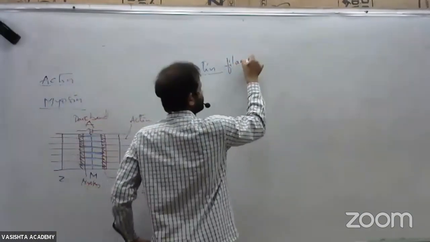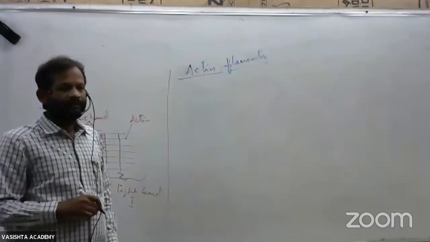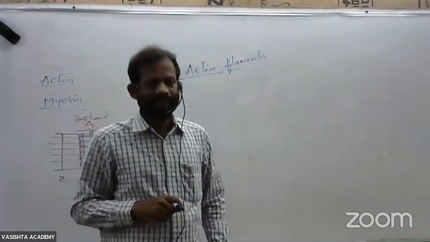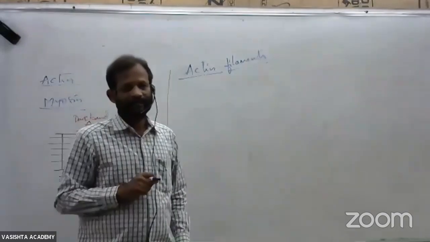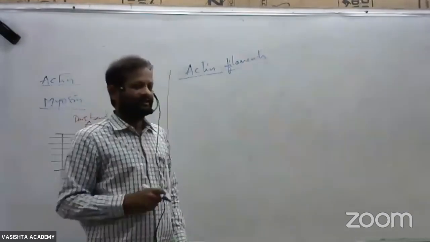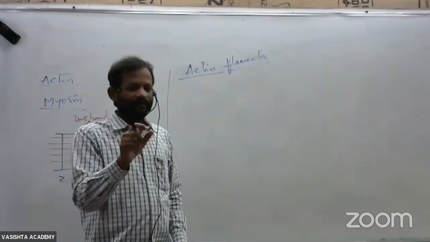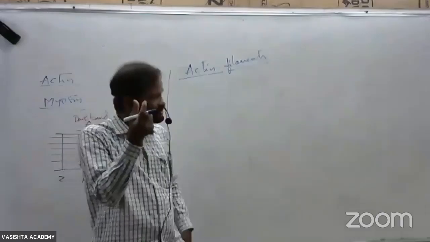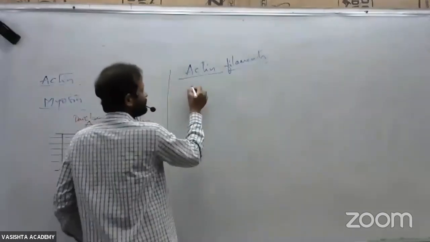Actin filaments. Now you have to listen carefully. These actin filaments are filamentous structures which are formed due to the accumulation of small units. The smallest unit of actin filament is called as G-actin.